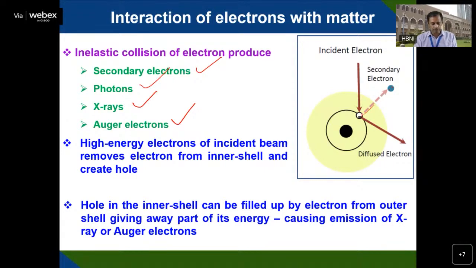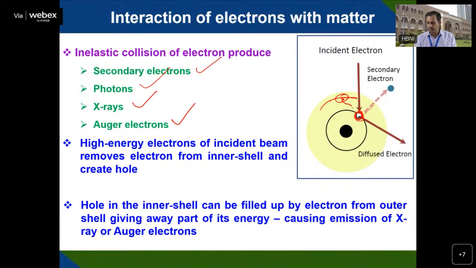And a high energy electron of the incident beam removes an electron from the inner shell, creating a hole. This hole will be filled from the higher orbitals. A hole in the inner shell can be filled by an electron from the outer shell, giving away energy that causes either an X-ray or another electron to be produced. When you have a hole here, it will be filled by an electron from the outer orbital.